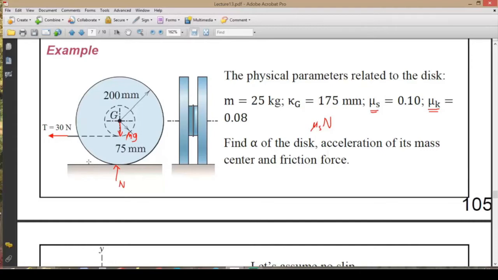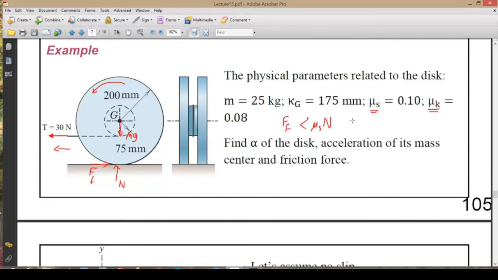However, as we expect that this wheel is moving to the left, our expectation is that the wheel is rotating in the counterclockwise direction, and the reason that it is rotating in the counterclockwise direction is the existence of this friction force Ff. And we want to calculate this Ff and then check if this friction force is less than μs times N or not.